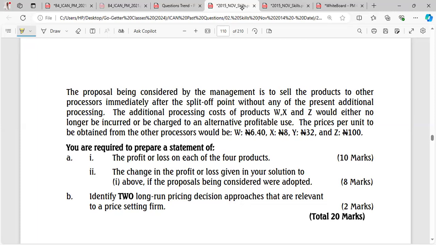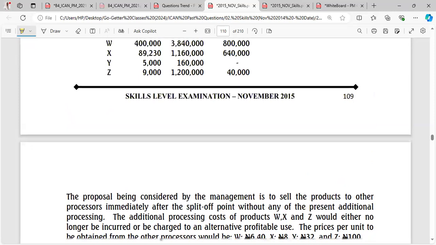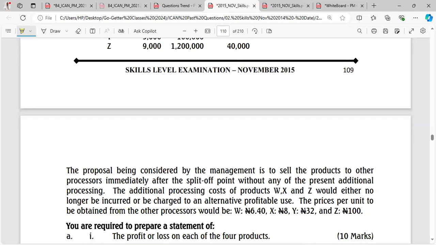So what was the proposal here? The proposal being considered by the management is to sell the product to other processors immediately after the split off without any additional processing.